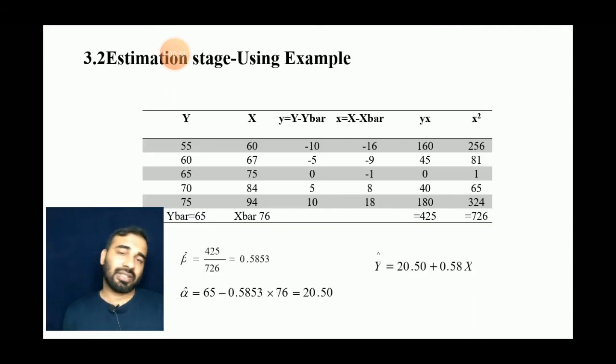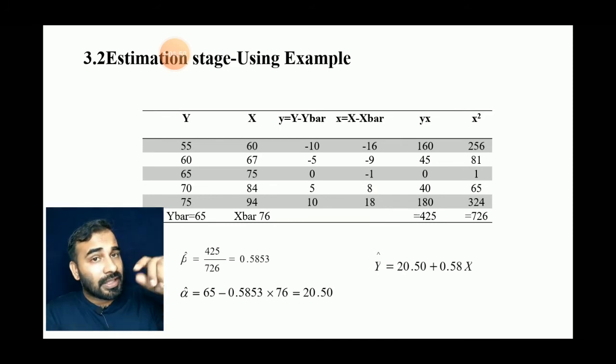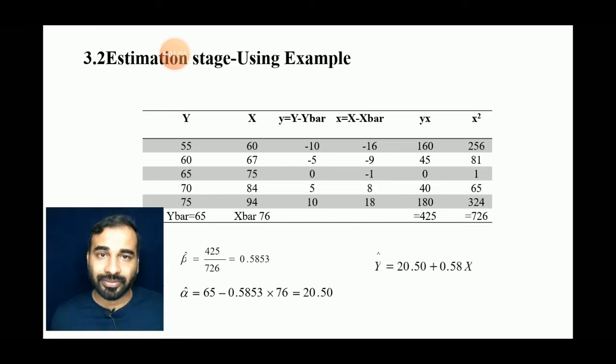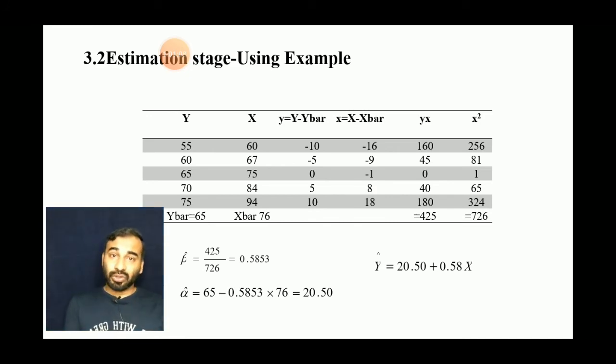I am doing this exercise with the understanding that you all studied the basic regression techniques in your undergraduate programs. So we will discuss the technique of regression later, but just for introducing the estimation technique, I am giving this.